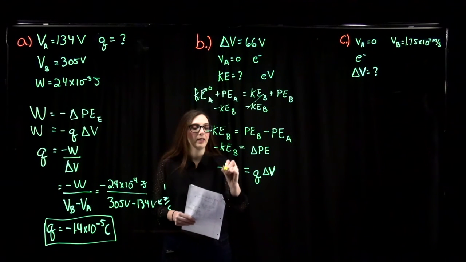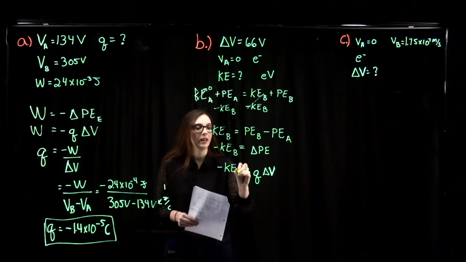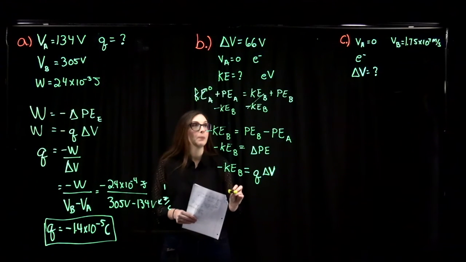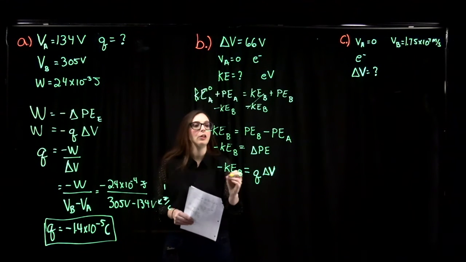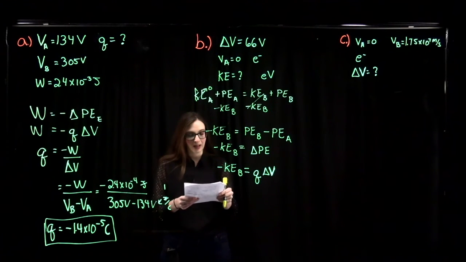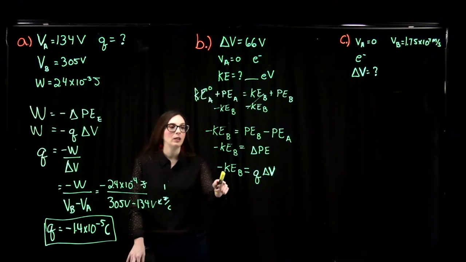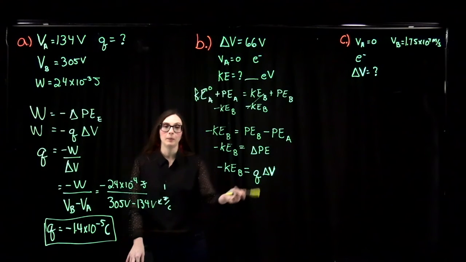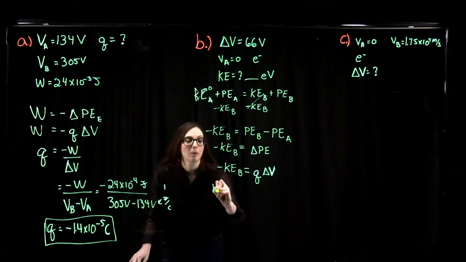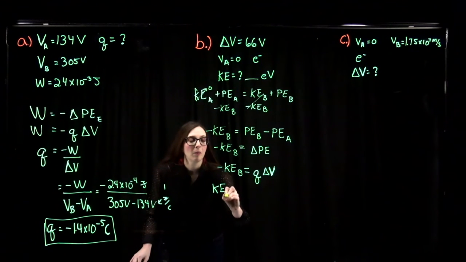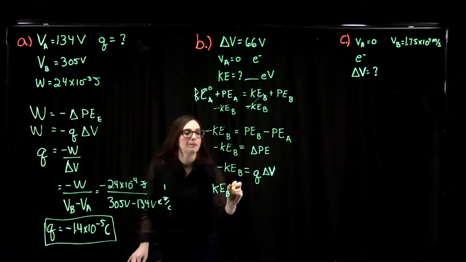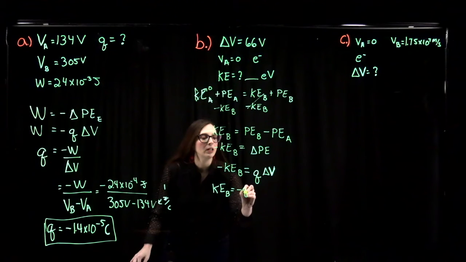That's equal to minus our final kinetic energy. I'm solving for the kinetic energy. Well, I've got this minus sign here, so I'm going to multiply both sides of this equation by -1. So I have positive my final kinetic energy equals minus Q delta V.